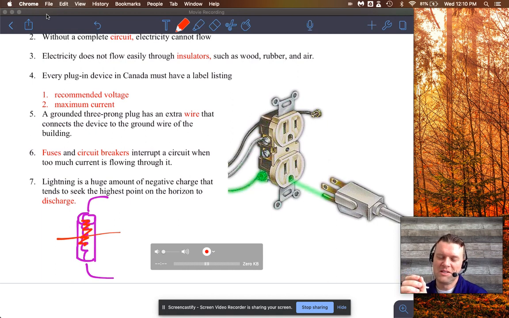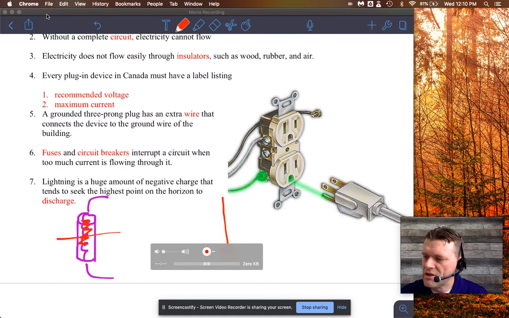There are some cool processes that happen, but the short of it is that the circuit breaker opens. It'll trip and open up, and then everything on that circuit doesn't work anymore. When that happens, you often go downstairs and look at it to see which circuit breaker has tripped, and then you move a lever over and back and reset it. That's another safety device for controlling current in your house.